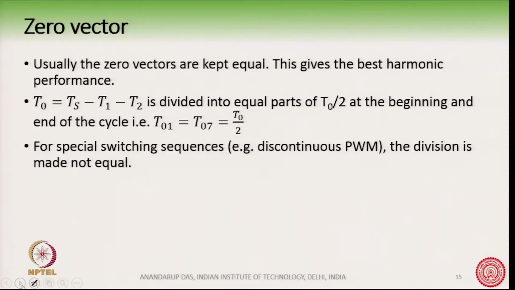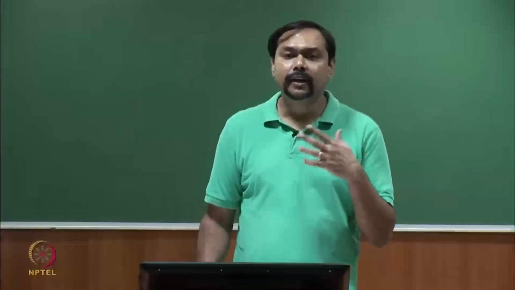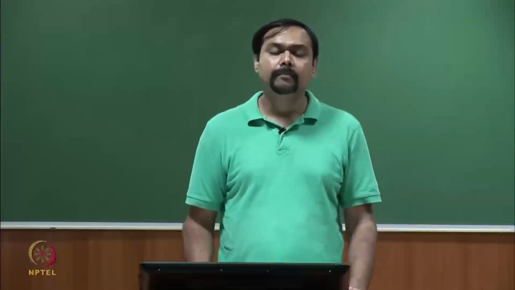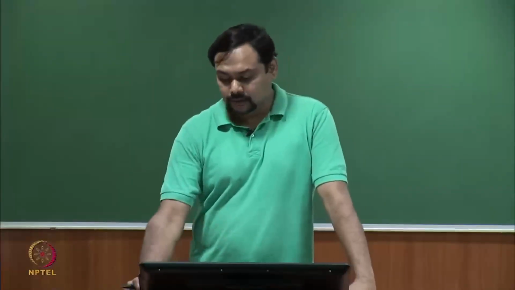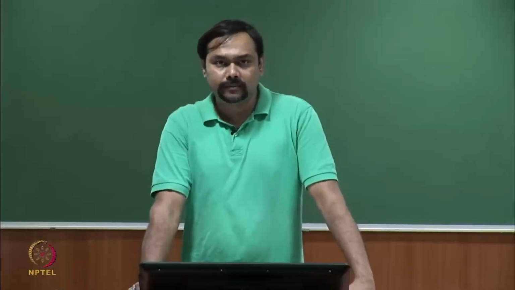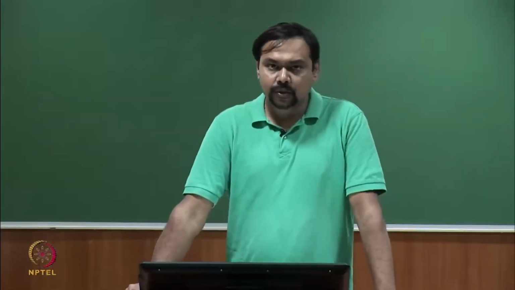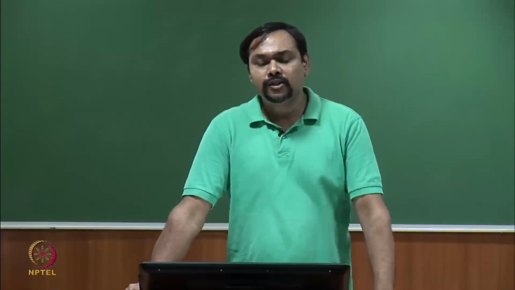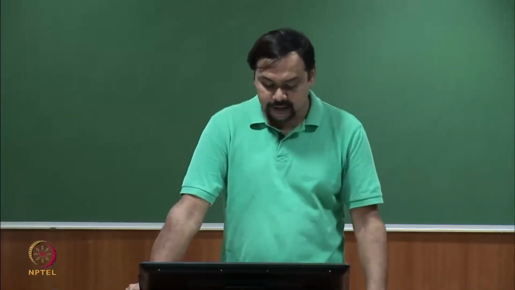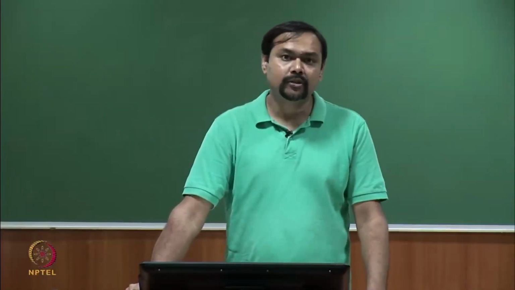Okay. Now, as we had earlier also said, the 0 vectors are the V0 and V7. Okay. Their duration is usually kept equal. Okay. It gives the best harmonic performance. So, T01 is equal to T07 is equal to T0 by 2.